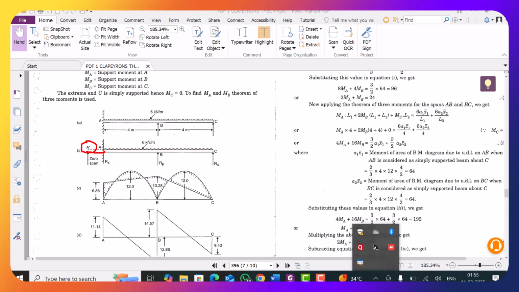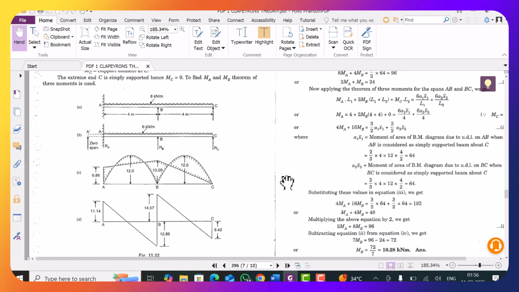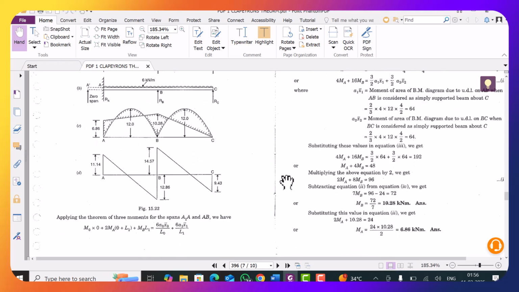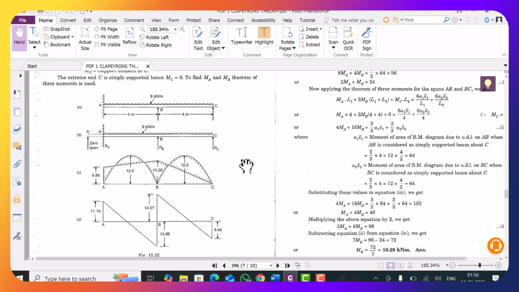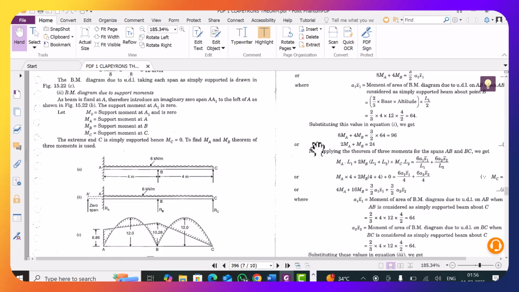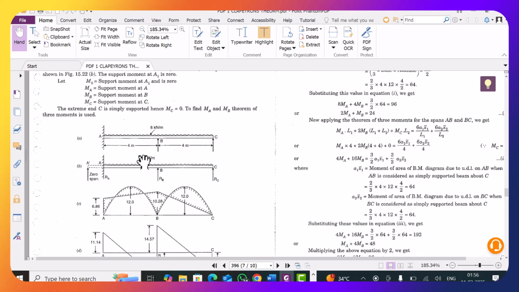So see here, the first step in Clapeyron's theorem or three moment theorem is to calculate the bending moment diagram. This 6 kilonewton per meter is the uniformly distributed load, and 4 meter is the span. So for span AB, the bending moment calculated will be equal to W multiplied by L square by 8, that is 6 into 4 square by 8.